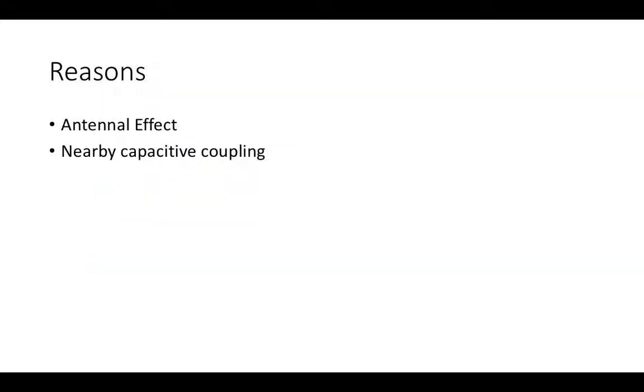Okay, here are two reasons why random numbers are produced on the pins. The first one might be the antenna effect. The effect is due to electromagnetic radiation, or the electric field, or the magnetic field that is subjected to the pin of the Arduino.